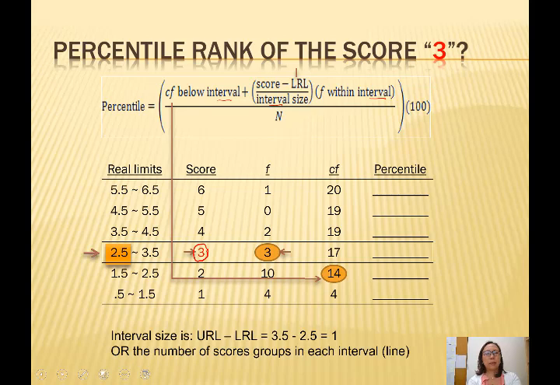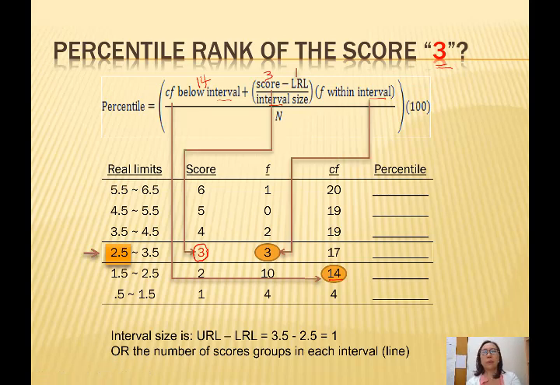You see that around this boxed interval that we're focused on, the CF below interval quite literally is the CF below interval. And that would be 14. And the score is the score 3 that we're trying to convert. And then frequency within interval, quite literally, is frequency within interval.